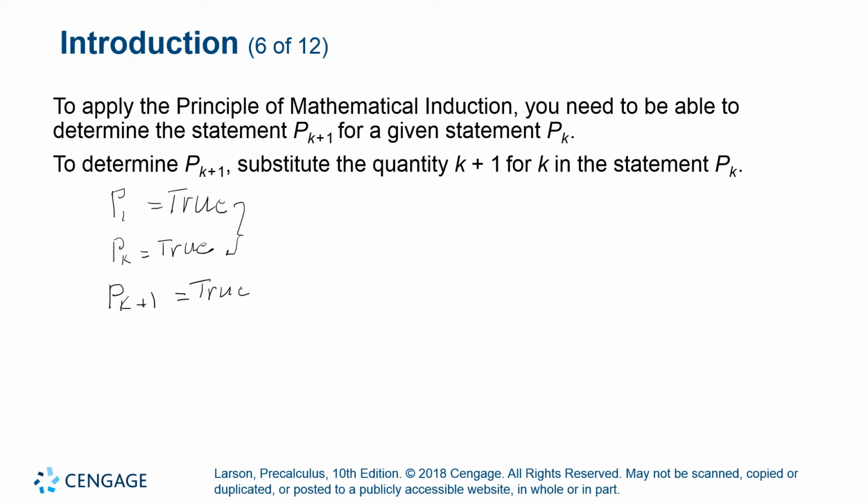And with that, if we can prove this at the end, then we can say this is a formula, or this is a rule that we have to use for all math. So it becomes a formula.